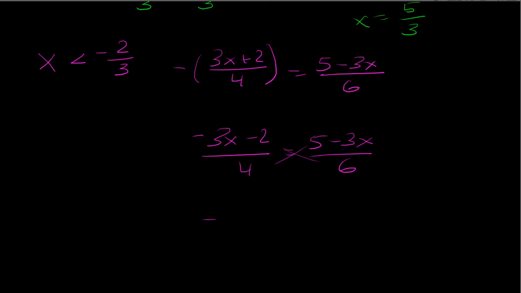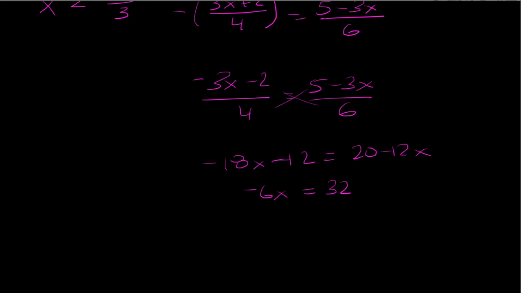Cross multiply. Okay, so let's see. Add 12x. Add 12. So I think that's negative 5 and 1/3.